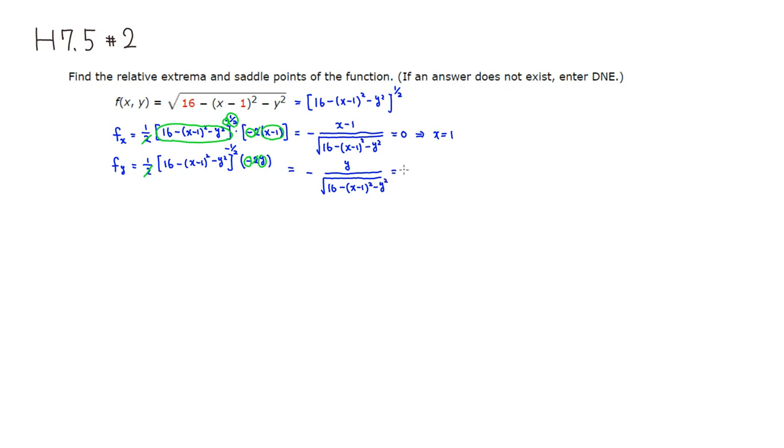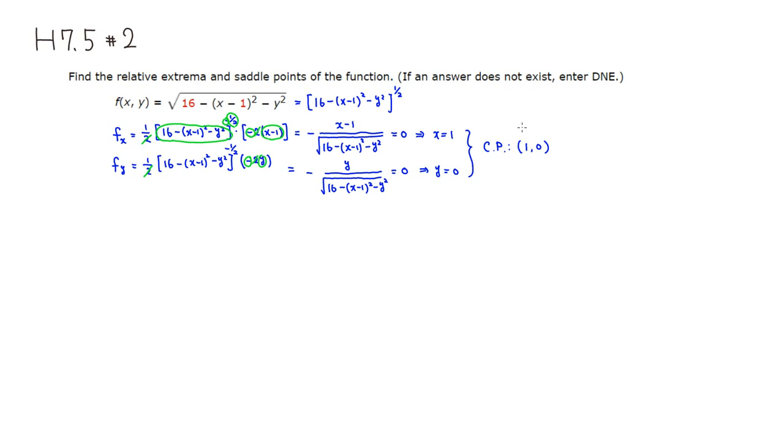If you set that equal to 0, you can see that y is equal to 0. So we have a critical point at x equals 1 and y equals 0.